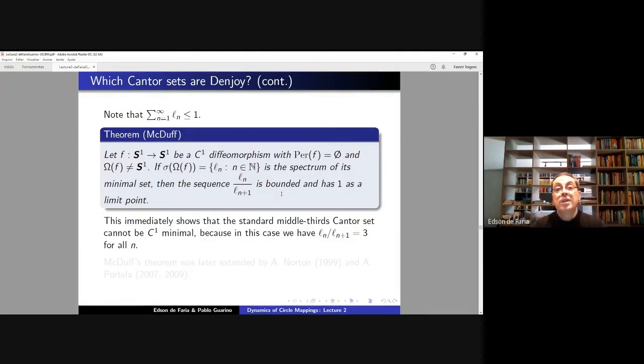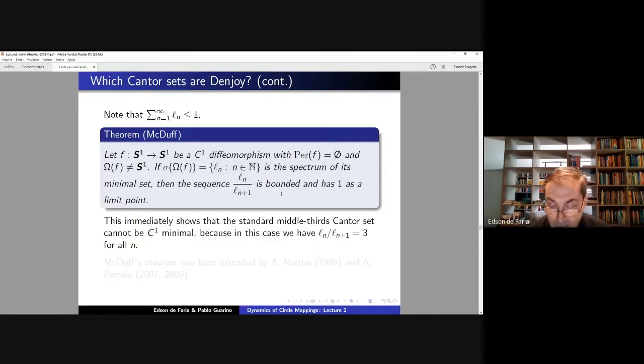Those have lengths 1/9, and then at the next stage 1/27, then 1/81, and so forth. So the lengths that appear are 1/3, 1/9, 1/27, and so on, and the ratio between 2 consecutive ones is always equal to 3.